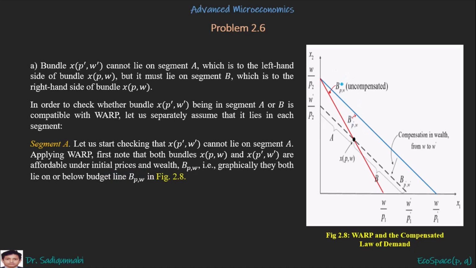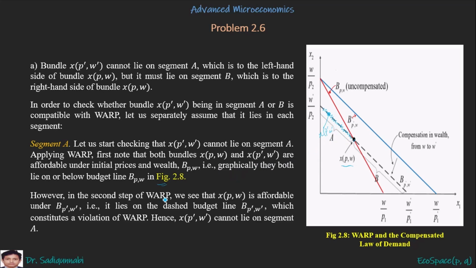Graphically they both lie on or below the budget line. So any points in this area, if this is the point x(p prime, w prime) and this point is x(p, w), both are lying on or below the two budget lines.